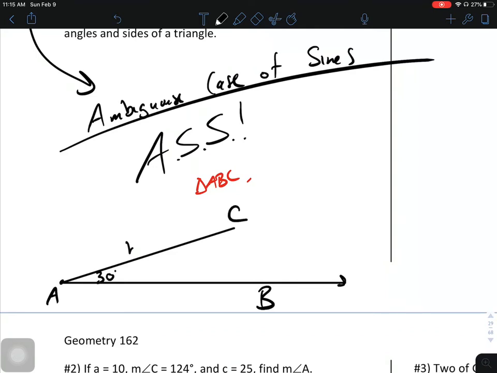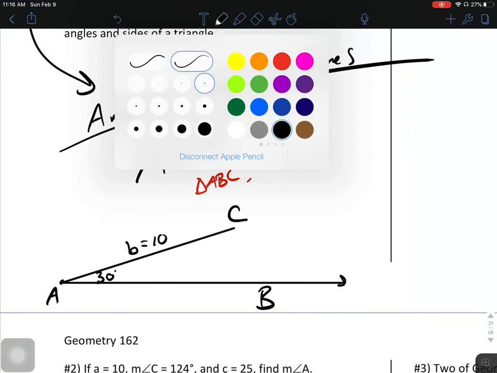So in that case, let's say that we know b is 10, and then let's say that a is 7. So here's how this works. This is why the ambiguous case of sines exists.